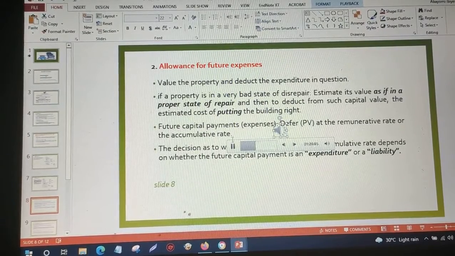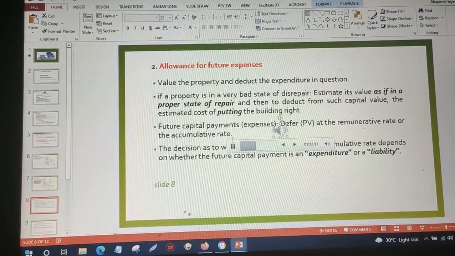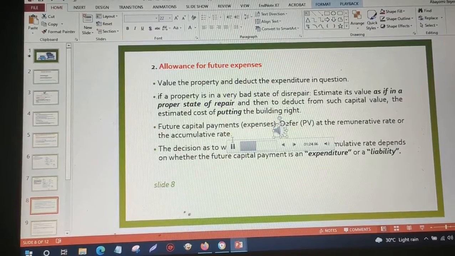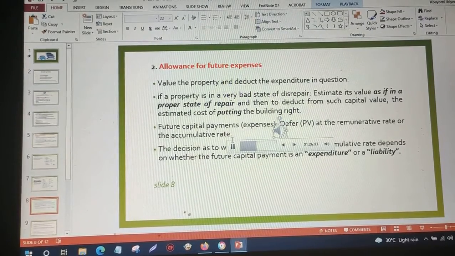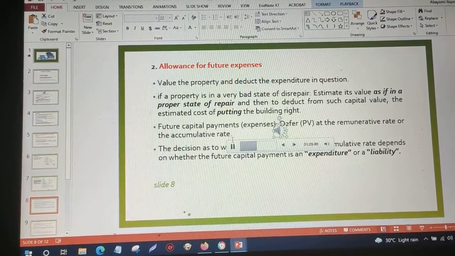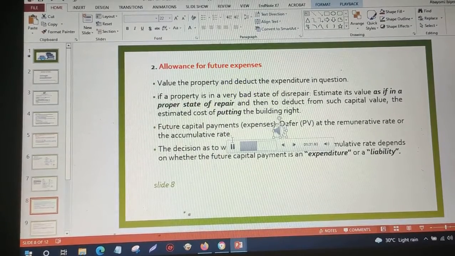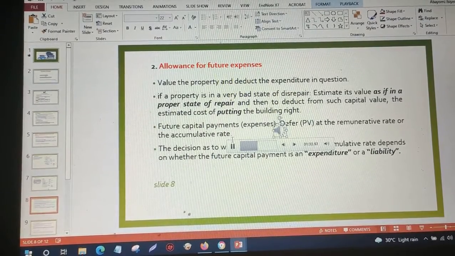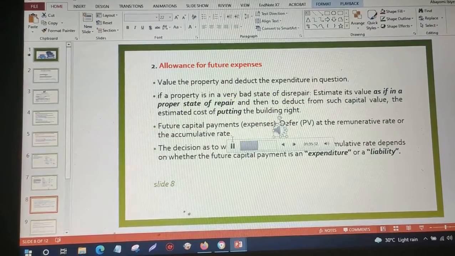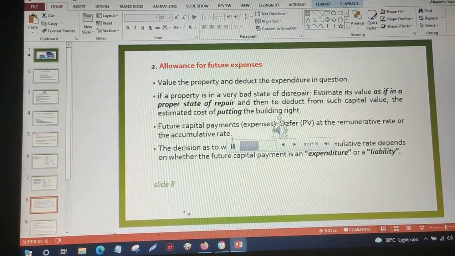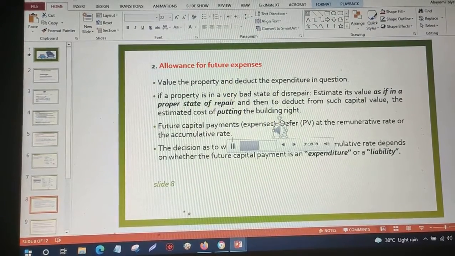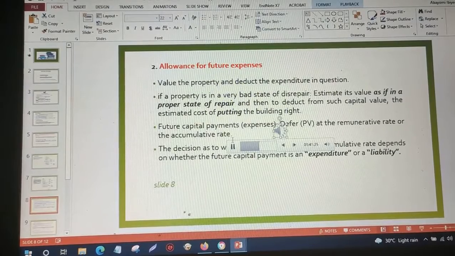And once you are able to get the capital payment deferred, we deduct it from the main valuation figure. The decision as to whether the remunerative or accumulative rate depends on whether the future capital payment is an expenditure or a liability. I will explain that as we go by.